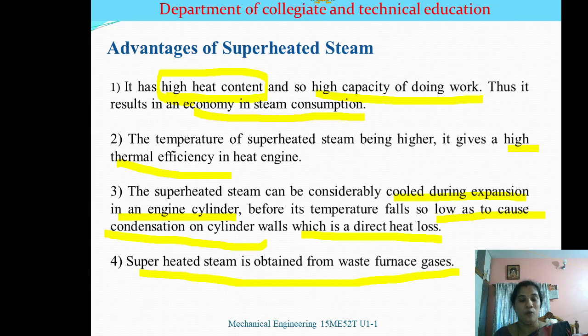One is you have to mention the critical temperature and critical pressure of the water, and mention 4 advantages of superheated steam. You have to collect the other advantages of superheated steam, and you have to distinguish the difference between the superheated steam and the wet steam. Okay, this was the assignment I have given.